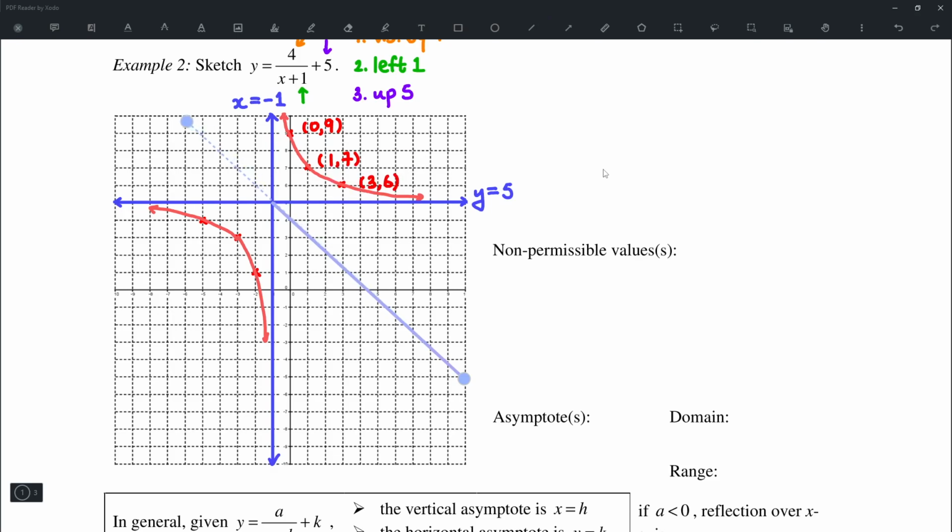Which is what we have done here. It's also possible to draw this graph using a table of values or a table of transformations.